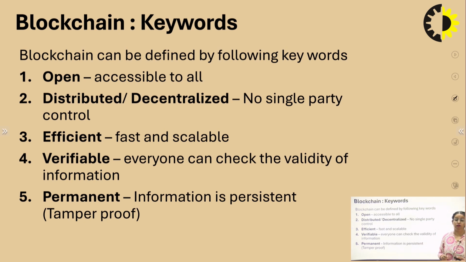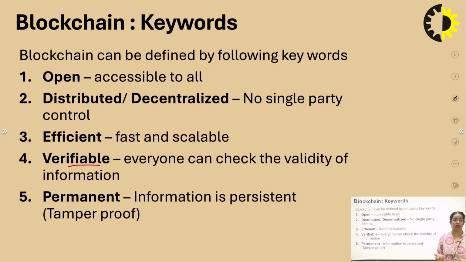And an important feature of blockchain is that it is verifiable. If you want to add any information to the network, it must be validated and verified by the other nodes, and only then can you add that information to the network.